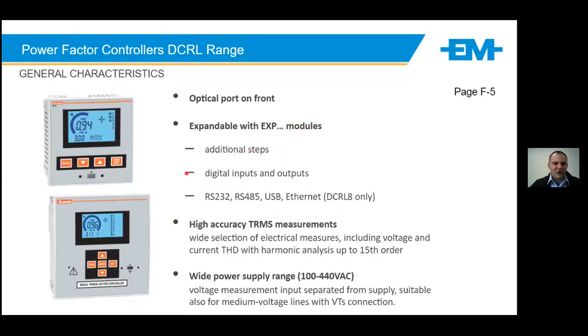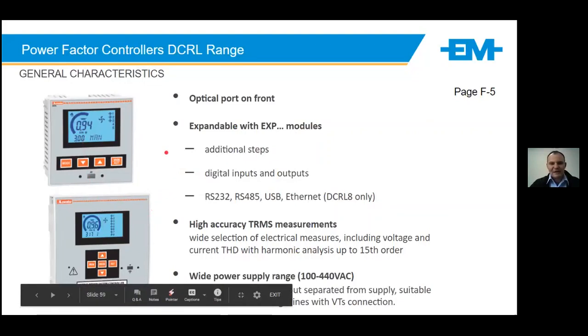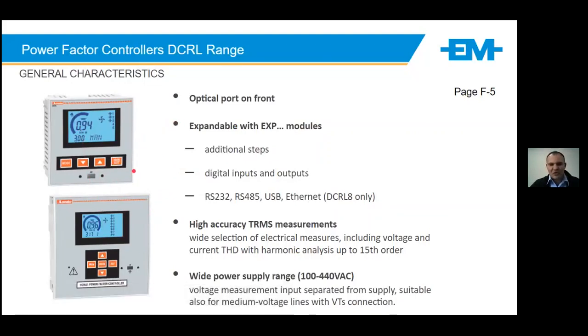What is quite important on these units, the DCRL versus DCRL 8: yes, the look is similar. Both have the functions of expansions via I/O, be it digital inputs, outputs, additional steps, or communication modules.